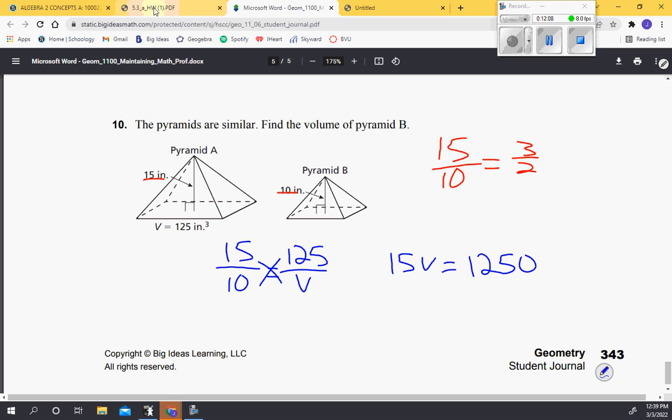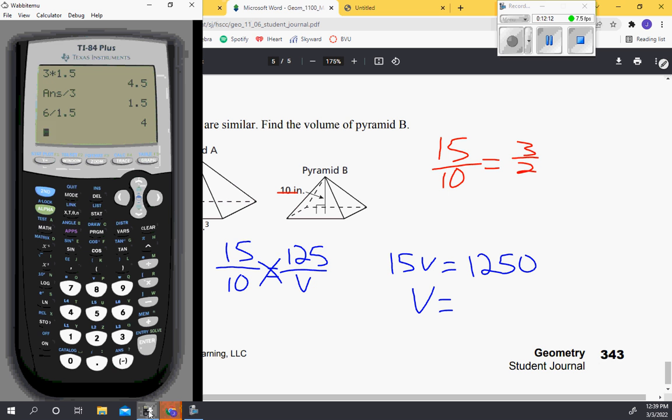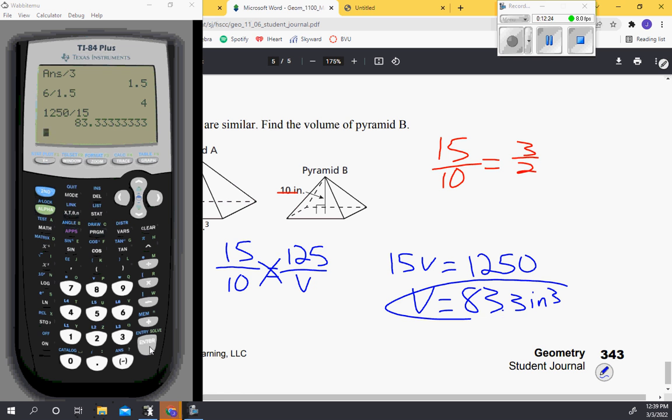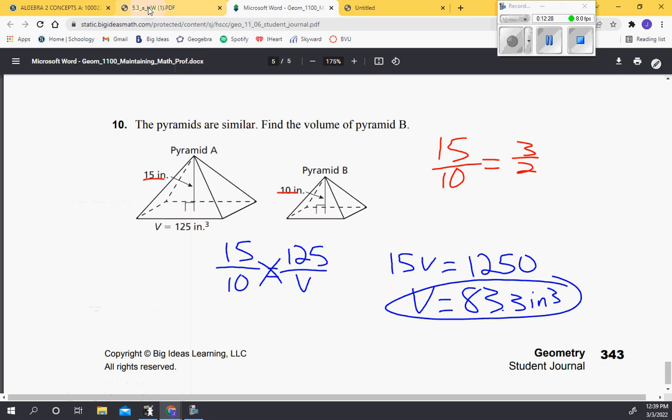Divide both sides by 15. 1250 divided by 15 is 83.3 inches cubed. Okay, again, similar, we can set up a scale factor ratio of any sort.